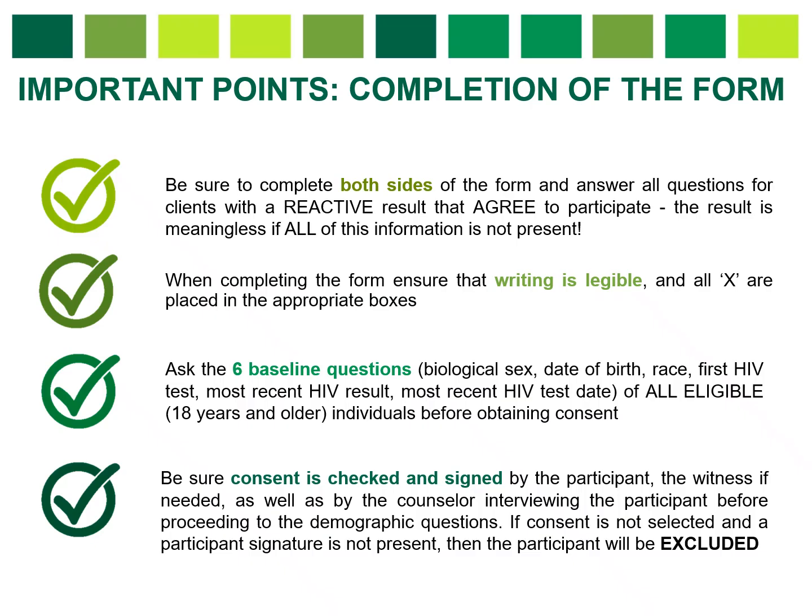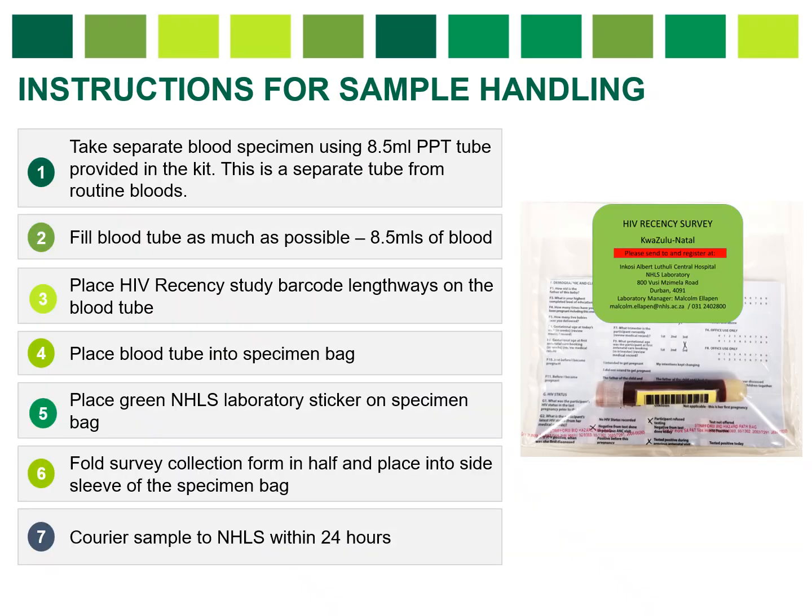Make sure that we're able to read your writing legibly for your names, but also that a nice neat box X is placed in each box so that we know what the answers are. Very important to complete the baseline questions for everyone. So even those people who refuse to participate, we still complete section A. And then again, just a reminder that consent must be clearly indicated.